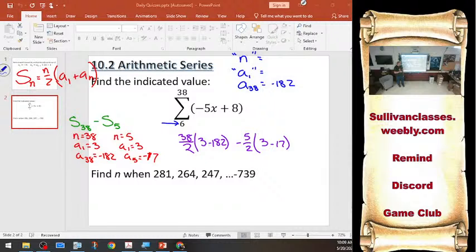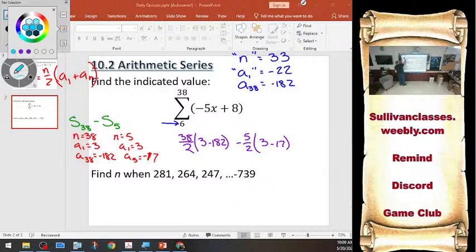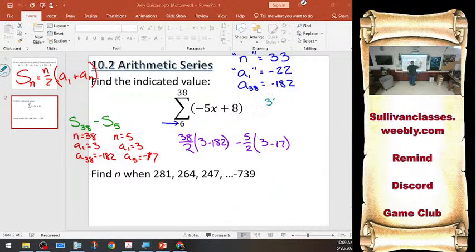Remember, if I take 38 minus 6, that's 32, but you just got rid of the 6th term. I need to subtract the 5 terms below it. So n is 33. And my a sub 1 is, if I'm starting at the 6th term, plug a 6 in. Negative 30 plus 8 is negative 22. And then I run the formula again, except now I only got one of them. So 33 over 2 times negative 22 minus 182.